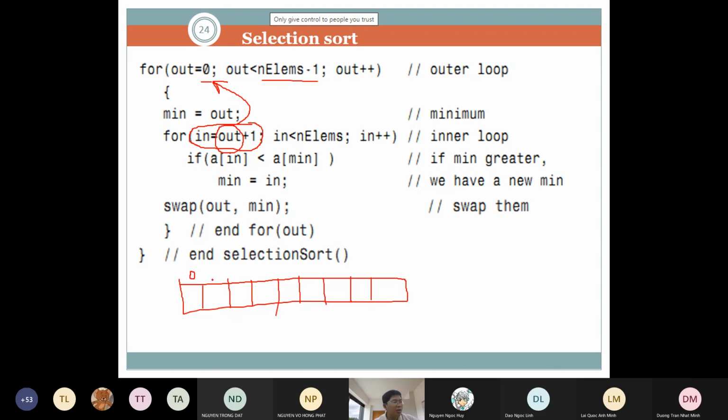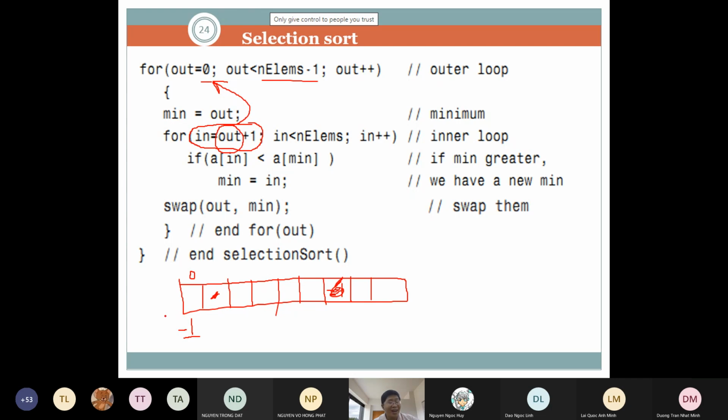The thing will be detailed like this. I have some numbers here, I don't know what. But for the first iteration, let's say my min is here. Let's say my min is -1. This is my min. And after the sorting, I will swap out, meaning 0, with min. So it is -1 here, and it is the minimum. I swap with this something, I don't know, but it's not the min.